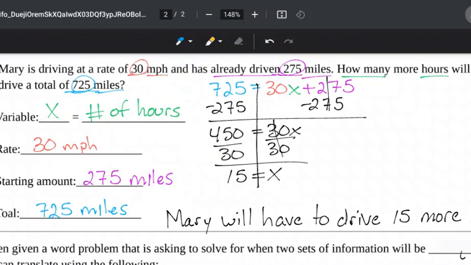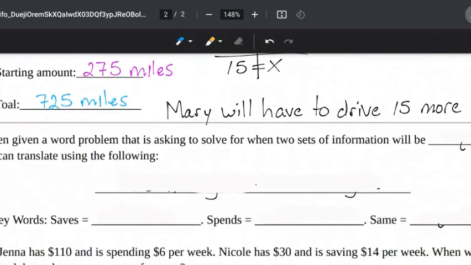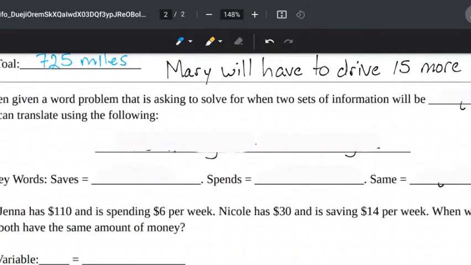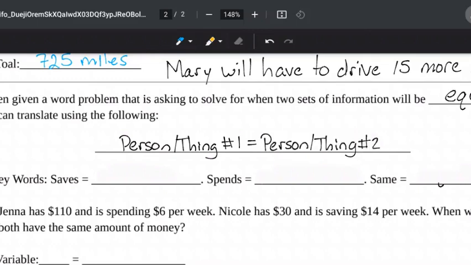All right, let's go ahead and take a look at our next section, which is going to discuss a different method. So when given a word problem that is asking to solve for when two sets of information will be equal to each other, we can translate using the following. So those two sets of information, that's going to represent by person or a thing, and we're going to call that person or thing number 1, and then that should be equal to person or thing number 2.